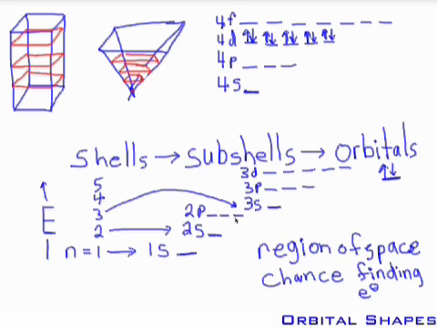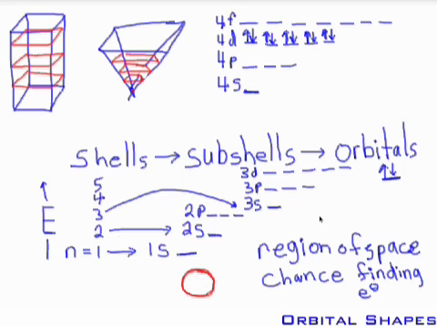It turns out all the s orbitals are spherical. And the only difference between the 1s and 2s is that in the 2s you actually get a surface inside the sphere where there's 0% chance of finding an electron, and that's called a node. You don't really need to know that at this point.